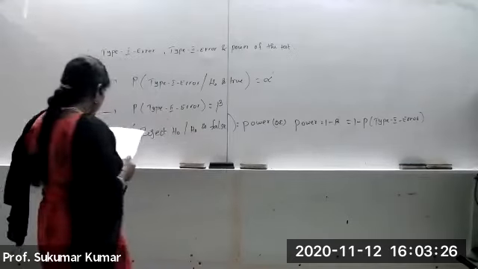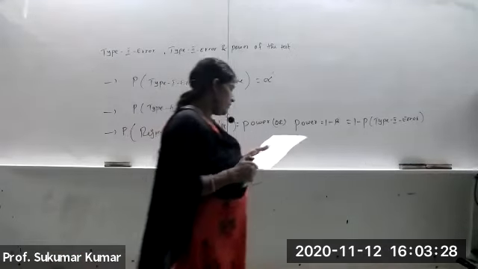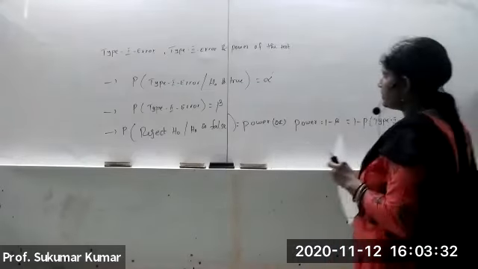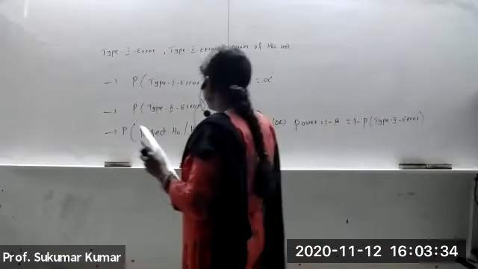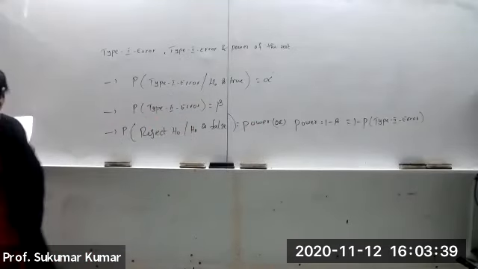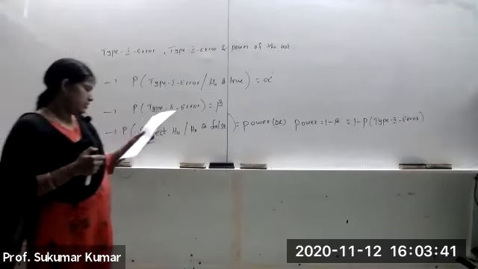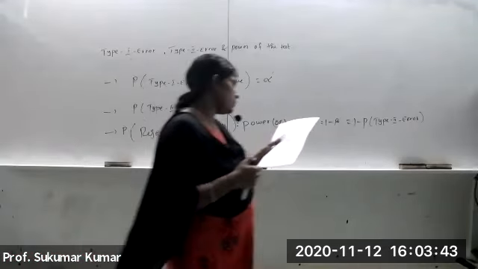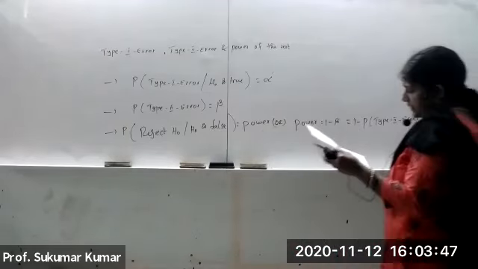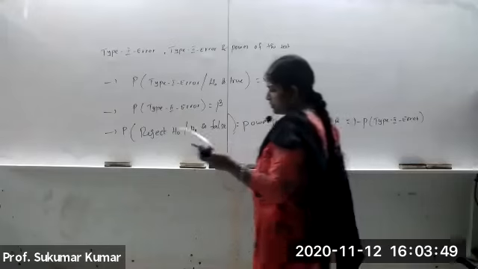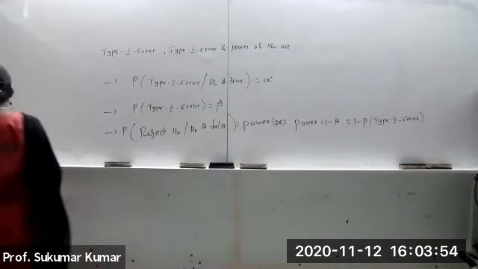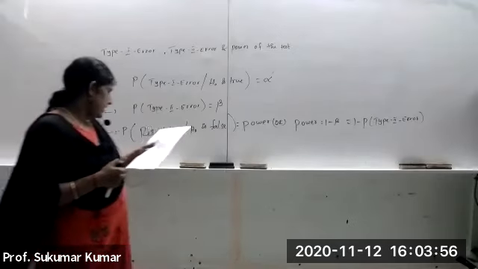That is, choose an alpha value very near to 1. Then beta would be close to 0, and the test has very high power.